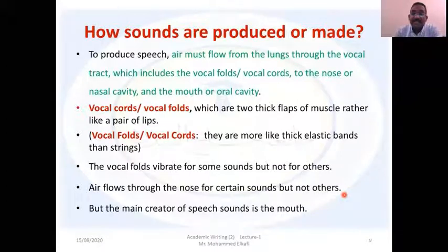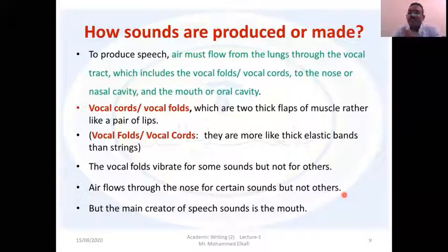But the main creator of speech sounds is the mouth. When you say mouth, you think of this organ or area in which we eat, or through which we even produce our speech.